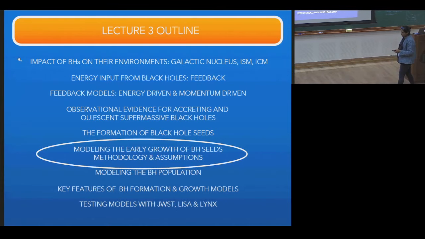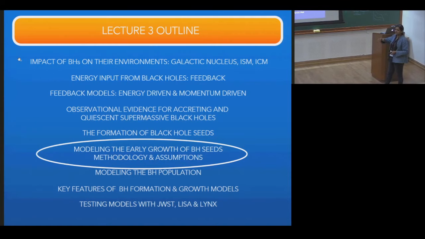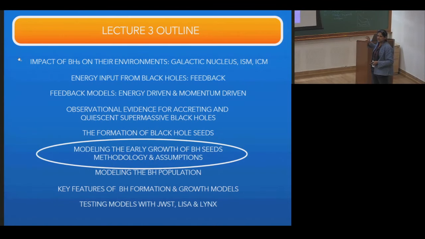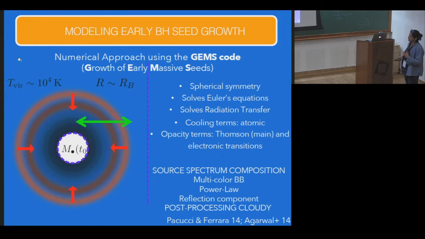So now I'm going to break the problem into early growth and later time growth for black holes, because the conditions in the universe fundamentally shift. In the early universe, you're very, very gas rich, and so black hole growth can progress much more efficiently than it can at later times, okay? So I'll focus now on what's happening at early times.